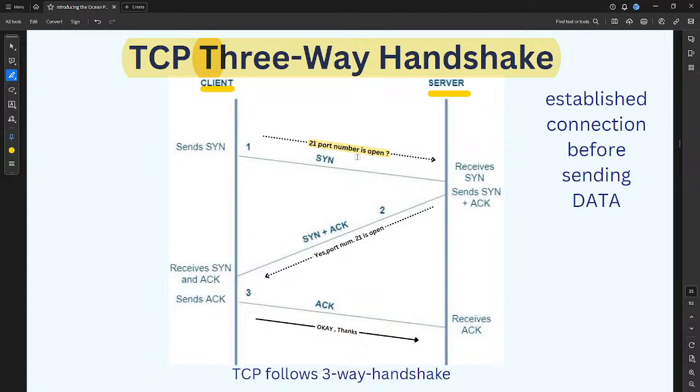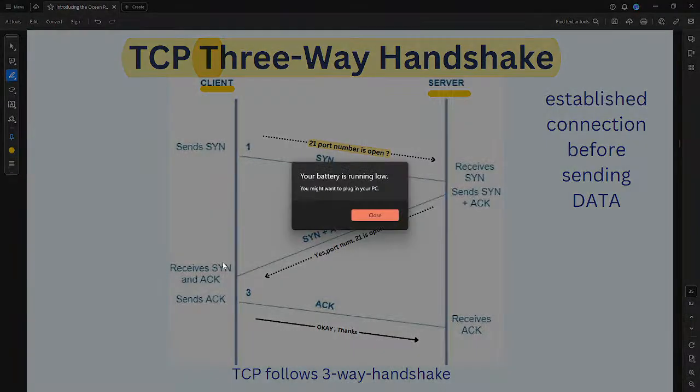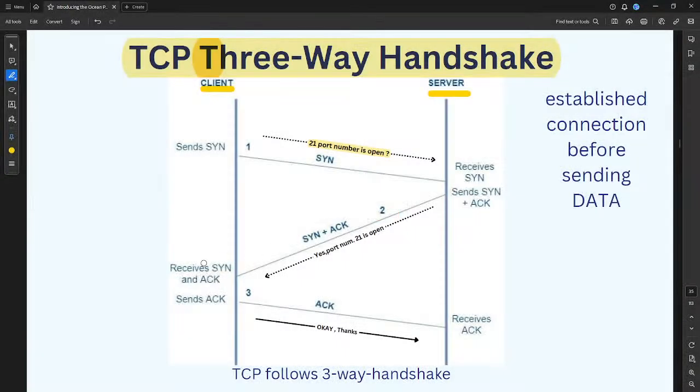The server receives this SYN flag and then sends back the SYN flag with an acknowledgement flag, saying, yes, I am port 21, and of course I am open. Now what does the client do here? At this point the client says, oh fine, I received your SYN and I received your acknowledgement.